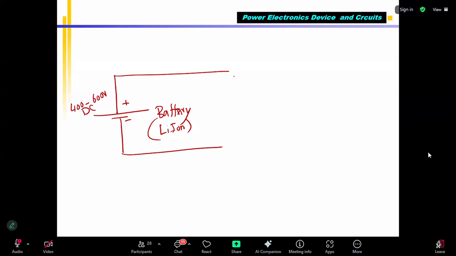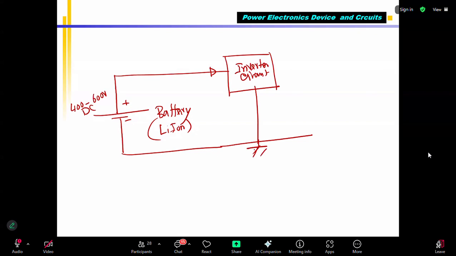This voltage will be supplied to a circuit called the inverter circuit. This is generally called the ground wire, the negative wire. From here, it goes to your motor, which can be a PMSM, induction motor or BLDC motor.